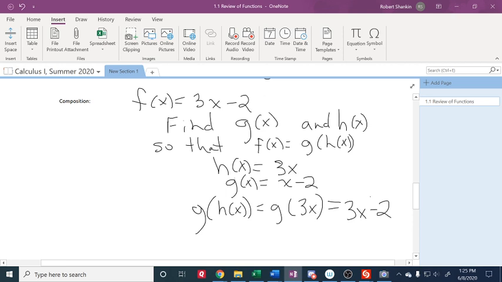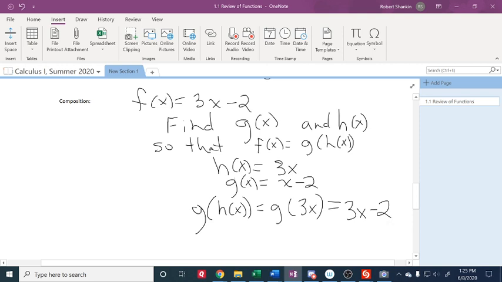All right, so in order, what we had to do there was, and this is a part that's a bit counterintuitive, we think of the f of x as these two parts, multiplying by 3 and subtracting 2.